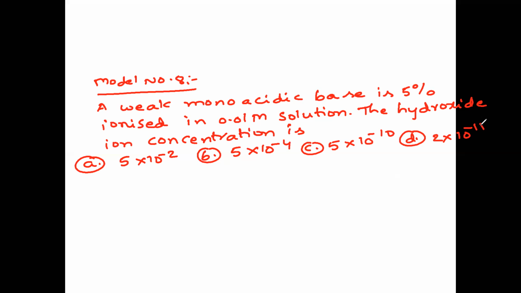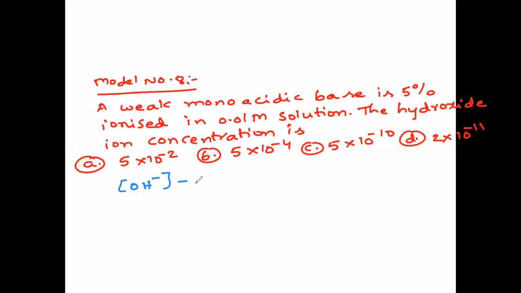So what is the formula? Since we already know the formula, concentration of OH minus is equal to, this type of model is also very important. Because they are asking hydroxide ion concentration, hydroxide ion or hydroxyl ion is both the same.